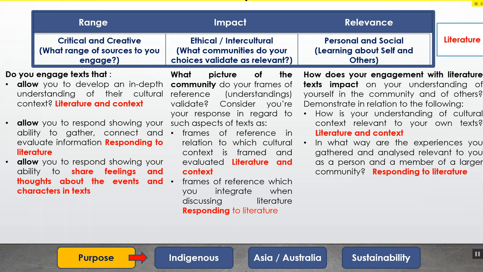They do different things, right? So you learn how to appreciate a recipe, and you don't dismiss it as a simple text. You just learn that recipes do different things than, say, novels do. Allow you to respond, showing your ability to share feelings and thoughts about the events and characters in texts.